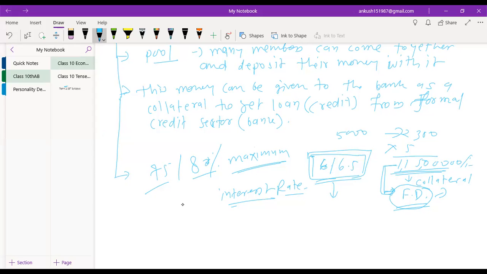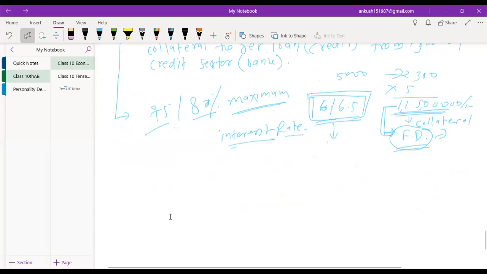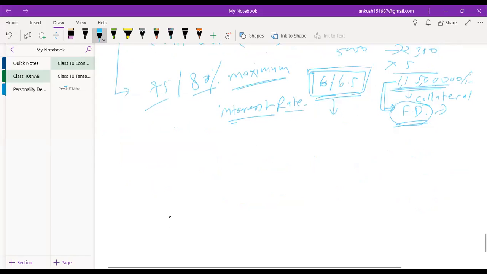Understood? Sometimes it may be possible for the farmers that their loan can be subsidized. For such benefits, these people come together and they do such kind of things.